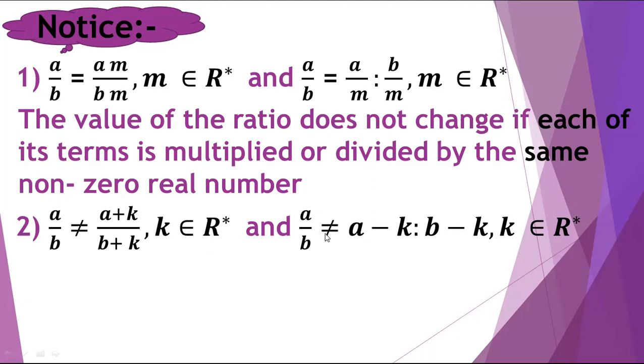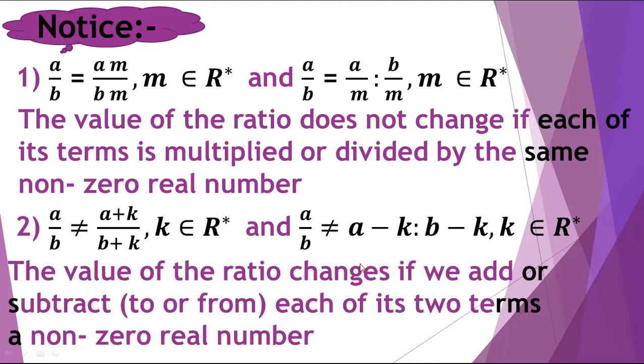Also, A over B is not equivalent if we subtract K from each term of the ratio: A minus K over B minus K, where K can be any real number except 0. That means the value of the ratio changes if we add or subtract a non-zero real number to or from each of its two terms. If we add or subtract a non-zero real number to each term of the ratio, the ratio changes, okay?